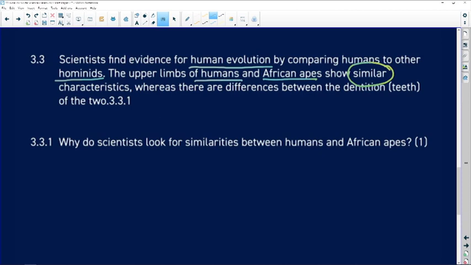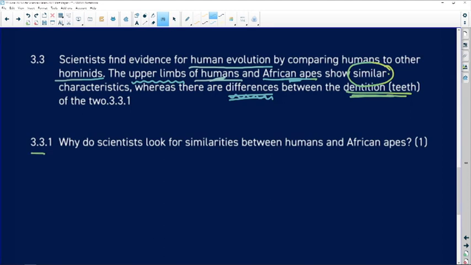But the dentition, or the teeth, show differences. So we've got similarities in the way our upper limbs are structured, humans and African apes like gorillas and chimpanzees, and we have differences as far as our dentition, or the structure of our teeth, is concerned.